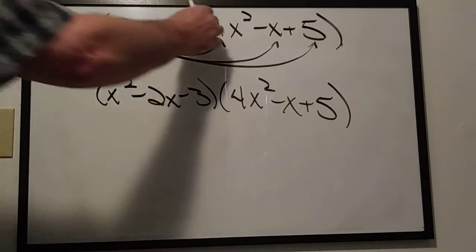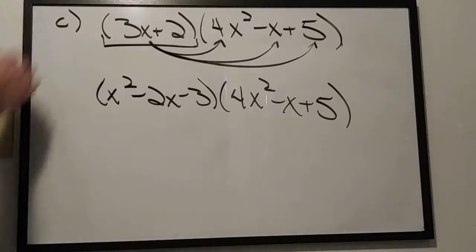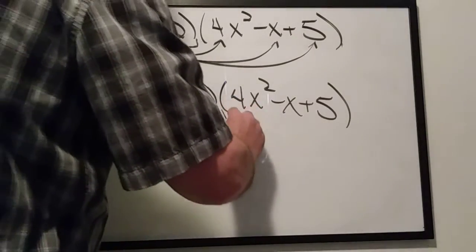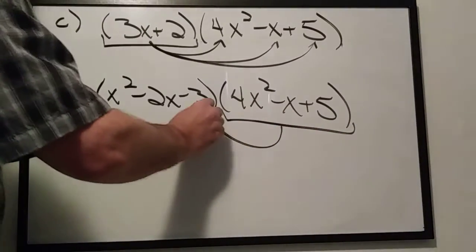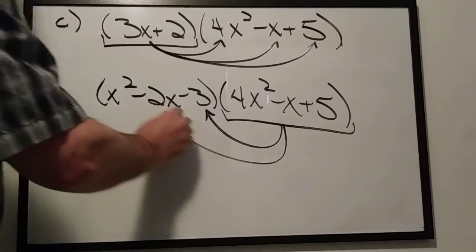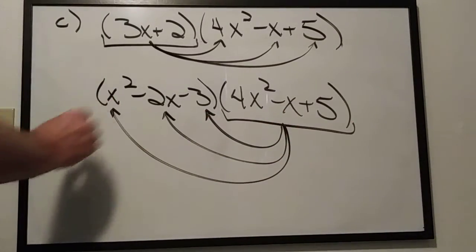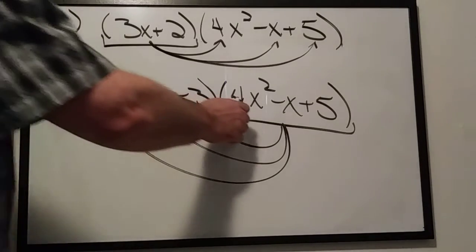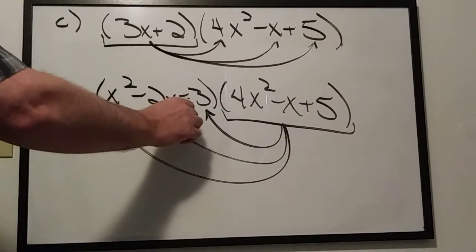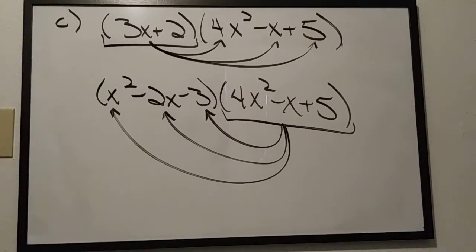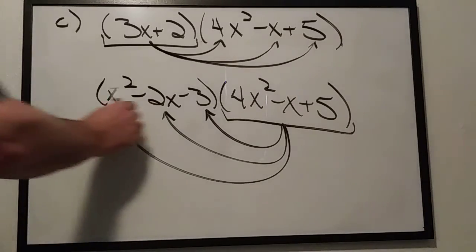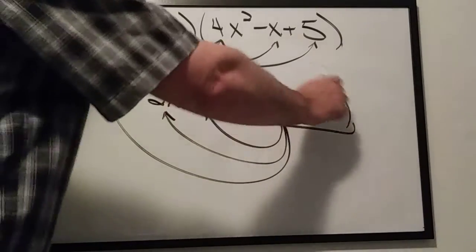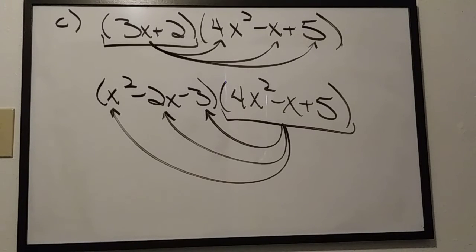So we could take this trinomial and distribute it through to the 3 terms here, and I would have x squared times the trinomial 4x squared minus x plus 5, and then negative 2x times the entire trinomial, and then negative 3 times the entire trinomial. Or, if you would prefer, you could do just the opposite. Take the first trinomial and distribute it through to the 3 terms in the second trinomial.